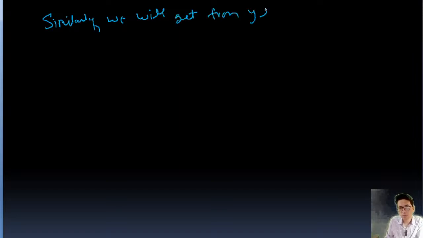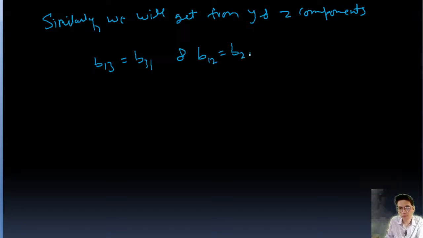So similarly, we will get from the y and z components B13 equal to B31 and B12 equal to B21, right?